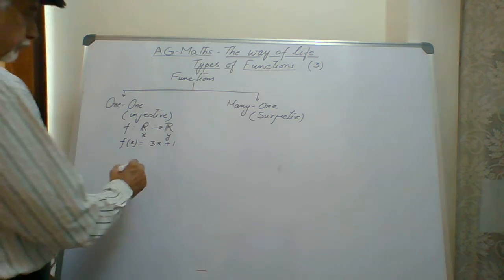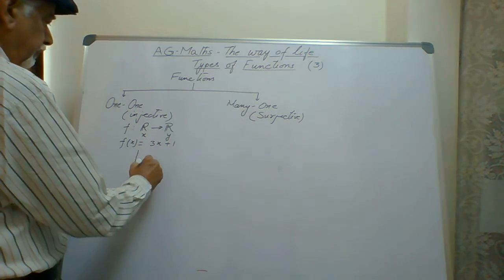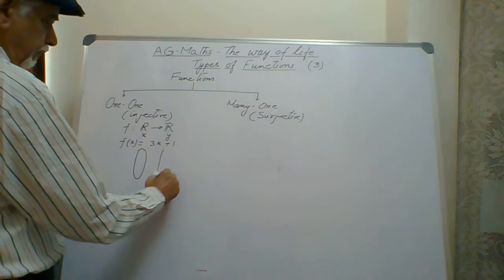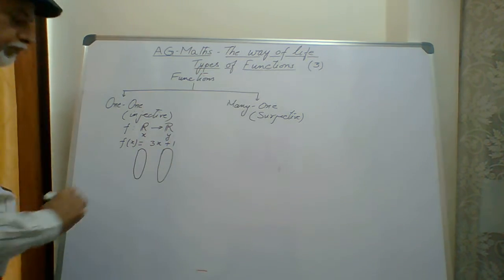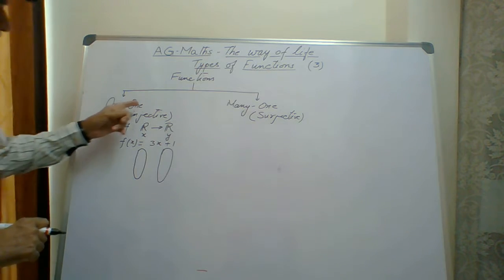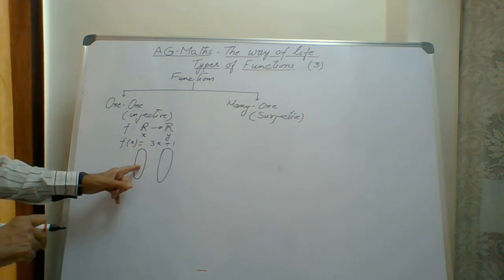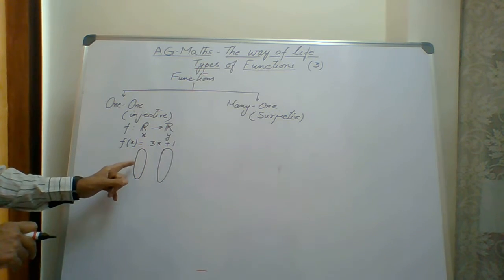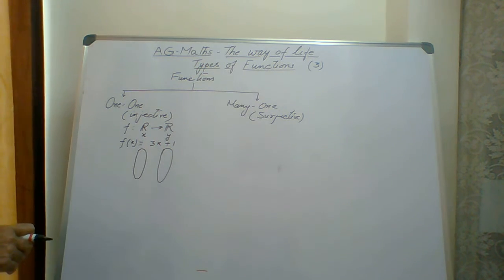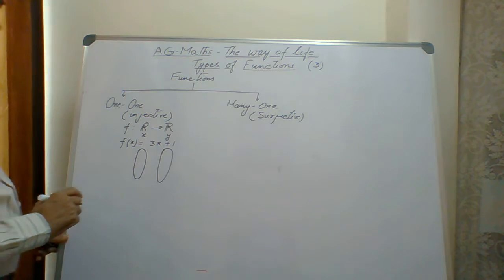Now, we should have two sets, and the relation between them will be a function of 1, 1 or injective type if for individual values of the domain, we have individual values of the range. So how do we get it?